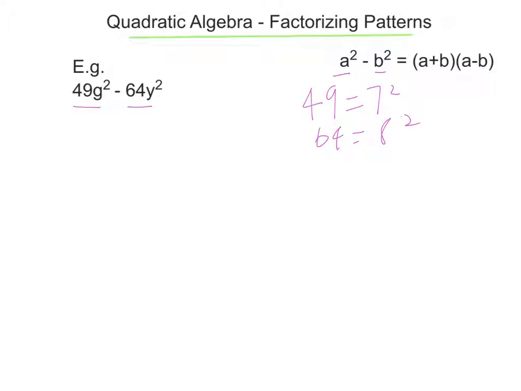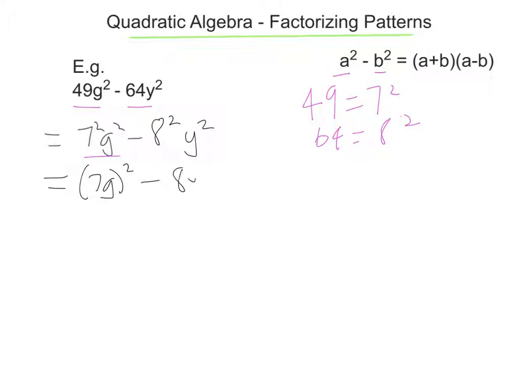So I'm going to rewrite this as 7 squared g squared minus 8 squared y squared. If we go back to our indices laws, because both of these things are squared in the first term, the 7 and the g, I can actually put them in a bracket, 7g squared, and with the 8 and the y, I can put them together in a bracket and square it.